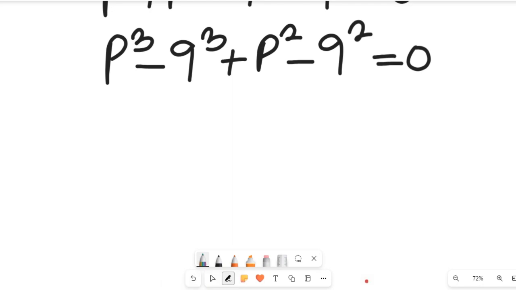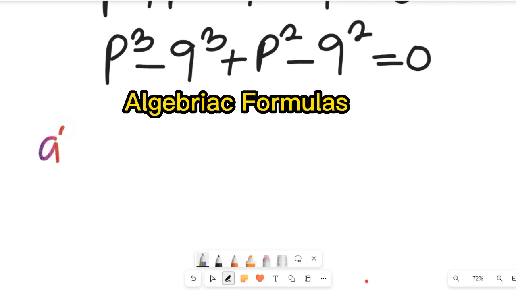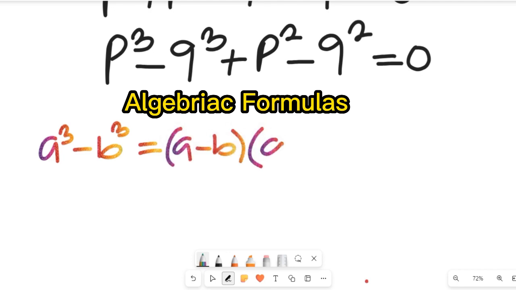We have to apply the laws that have to do with algebraic formula. So if we have a to the power of 3 minus b to the power of 3, according to the algebraic formula, this will be equal to a minus b, and then a squared plus ab plus b squared, right?